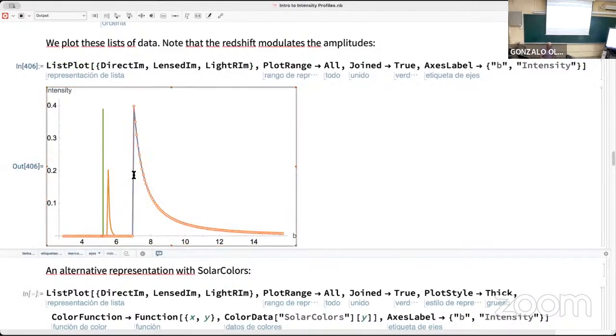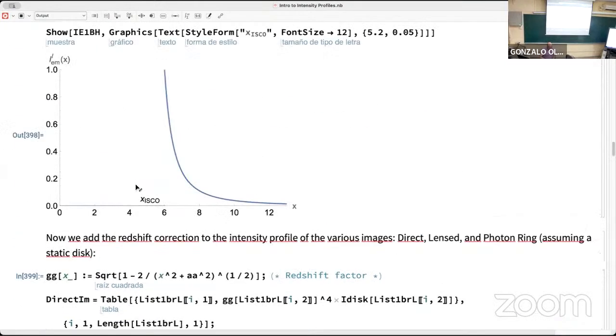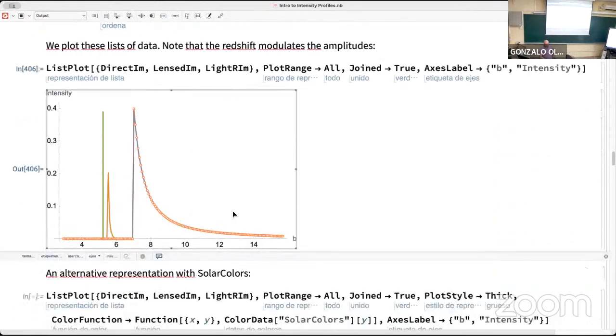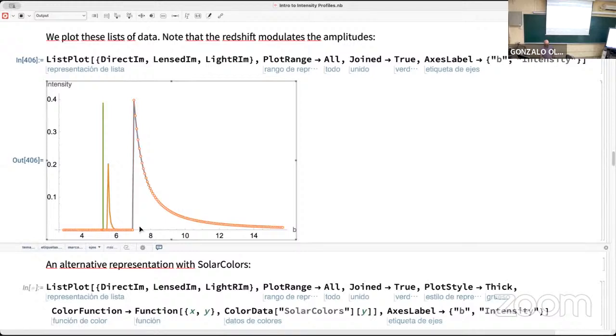This is the direct image. Compare the direct image with the intensity of the accretion disk. The accretion disk is this one. Our direct image is basically the same. All this is 0.